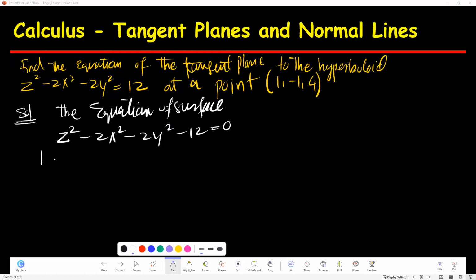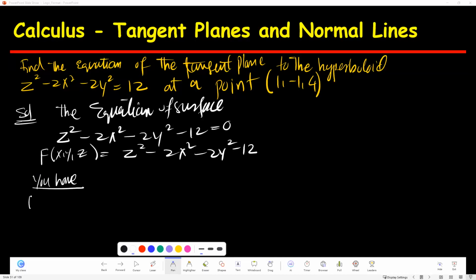We can also call this a function of x, y, z. And if there is a constant somewhere here, you have to move it to the other side to make it an equation form. So that is what we have.